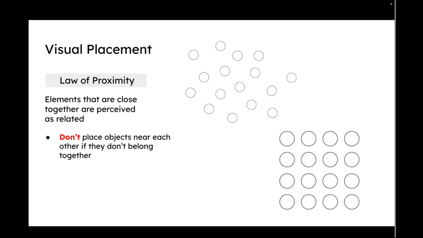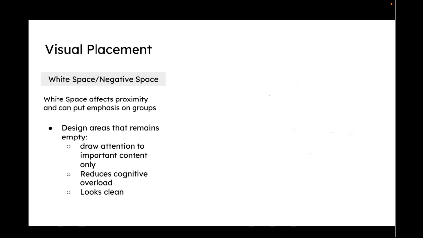What you don't want to do is place objects near each other if they don't belong together. You want to keep objects that do belong together and show a relationship in close proximity to each other. So even if we're talking about web design, having your navigation or your directions, you want to have those close to each other.